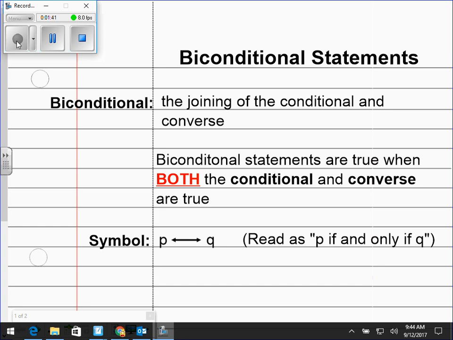And that makes up the biconditional. Okay? And so we read this, P if and only if Q.